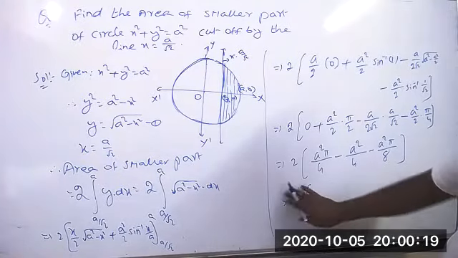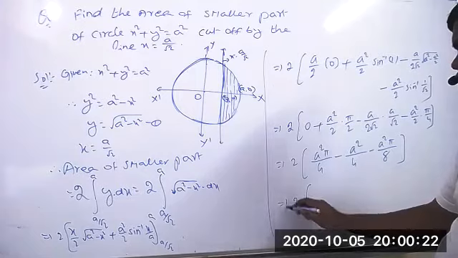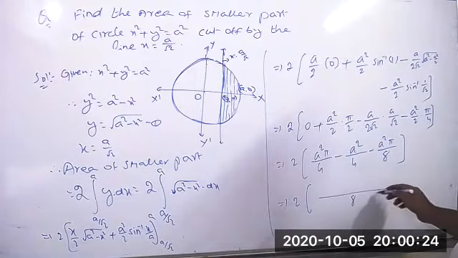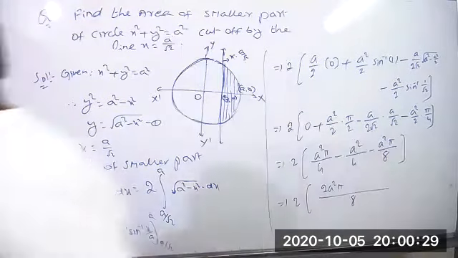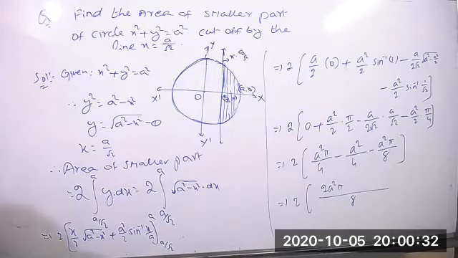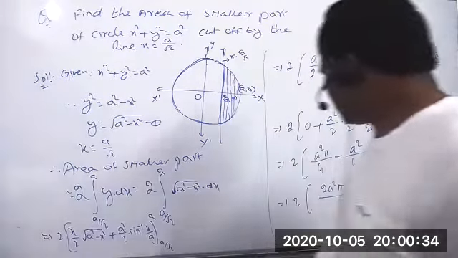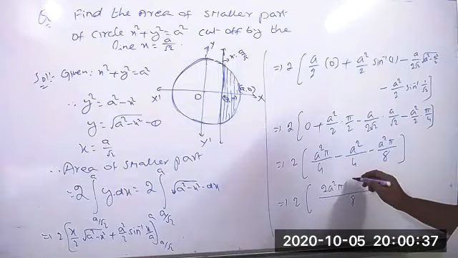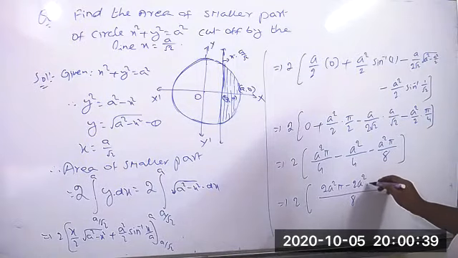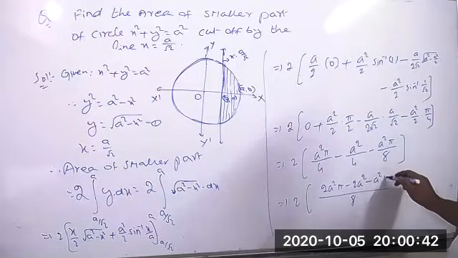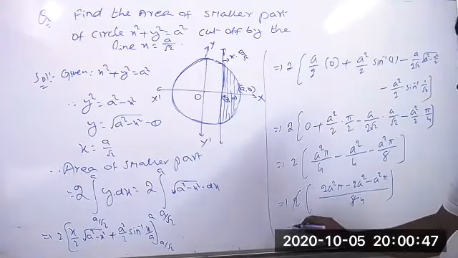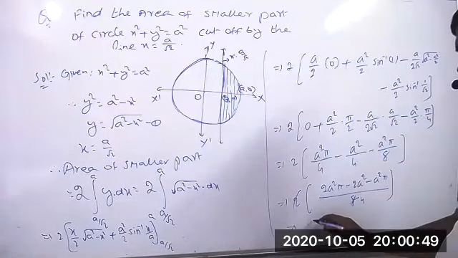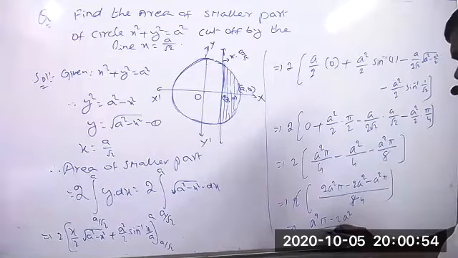So 2 into, now take LCM. 8 is the LCM here. So 2a square pi minus 2a square minus a square pi. 2 in this number 4 times. Clearly these two are the like terms. So this is a square pi minus 2a square whole by 4.